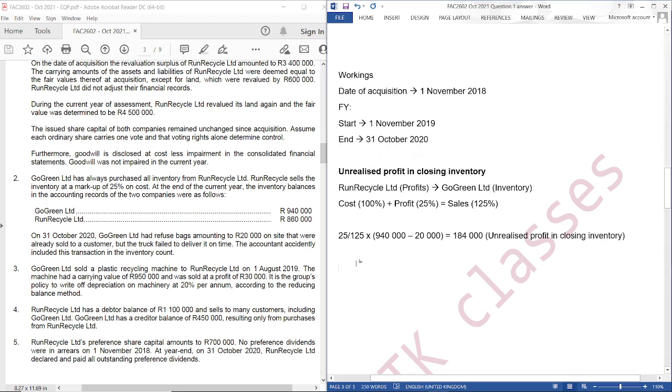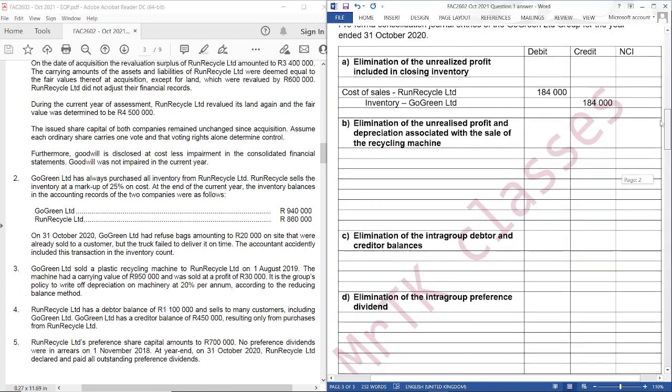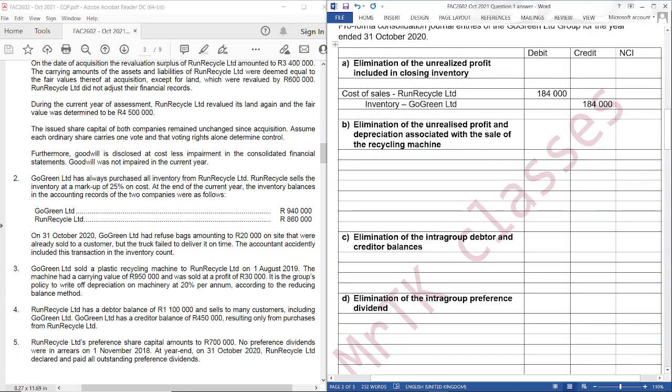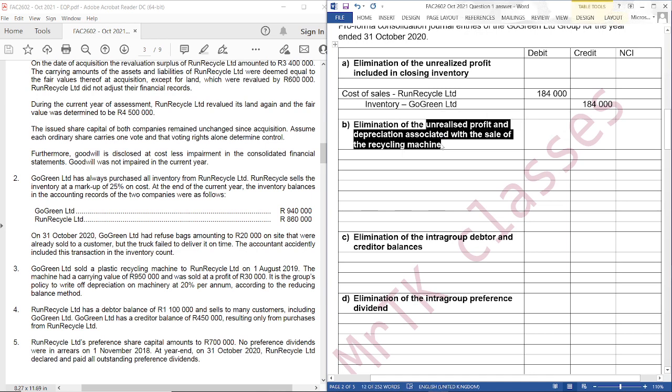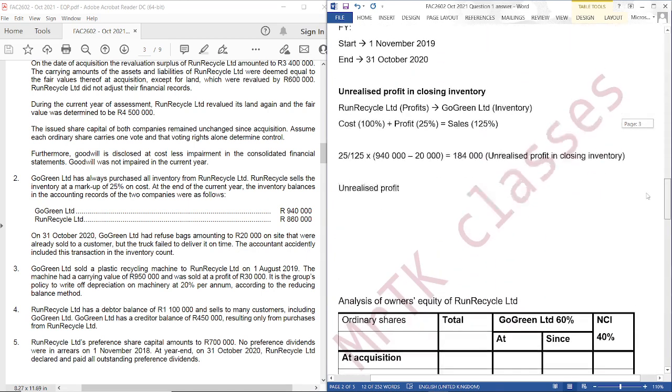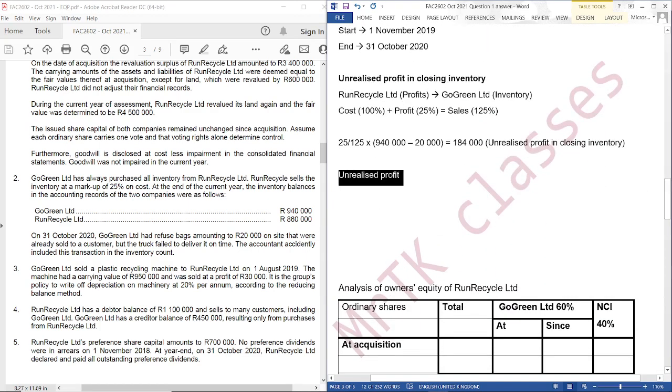Then unrealized profit and depreciation, and I can just copy here.